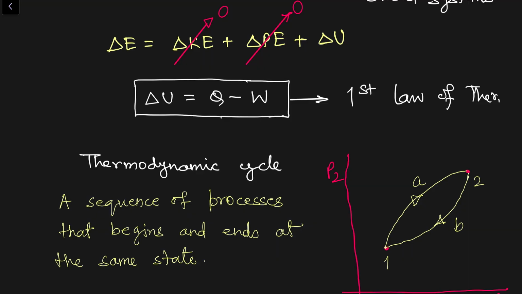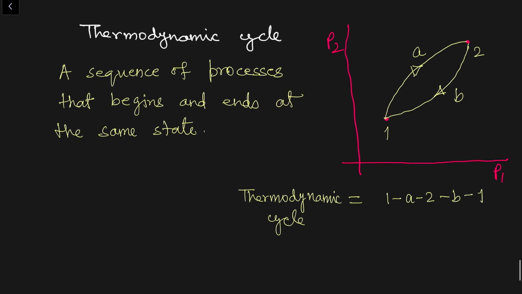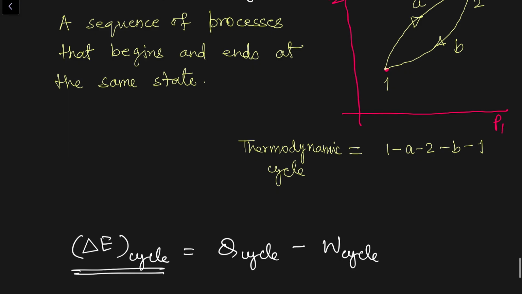And we just saw that the first law of thermodynamics is del E equal to Q minus W. If we want to write it for a thermodynamic cycle, then we can write it as del E cycle equal to Q cycle minus W cycle. And we know that for a cyclic process, del E is 0 because it has come to the same state.